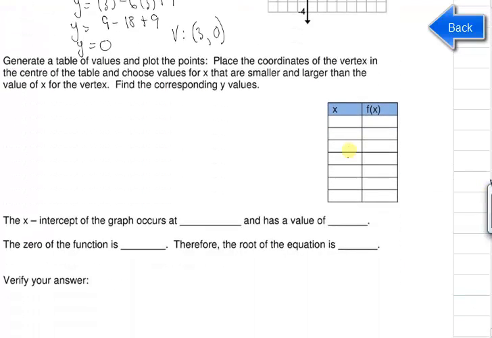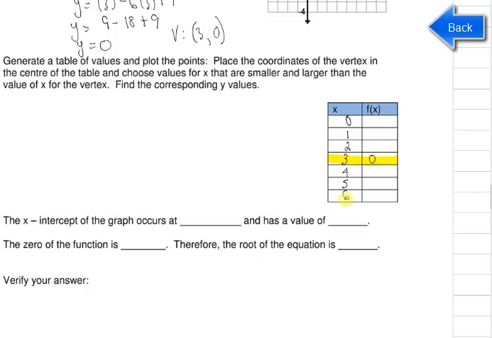All right, so in the middle of my table, I'm going to put my vertex. There's your vertex. I want to choose numbers which are smaller than 3, so 2, 1, and 0, and I want to pick numbers that are bigger than 3, so 4, 5, and 6.